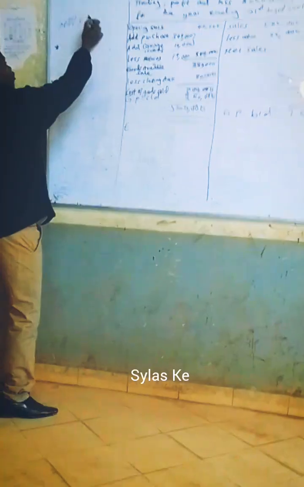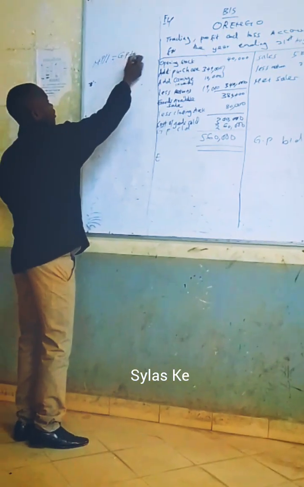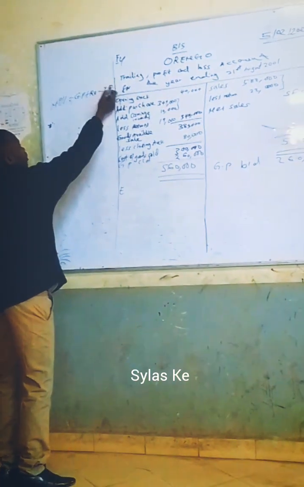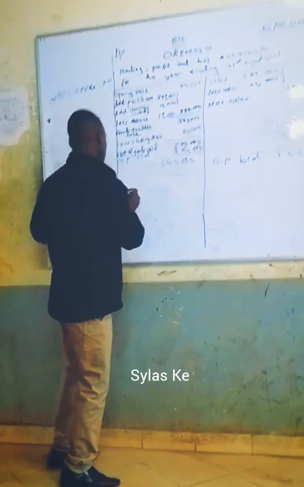Net profit or net loss equals gross profit plus total revenues minus total expenses. So we start with expenses.